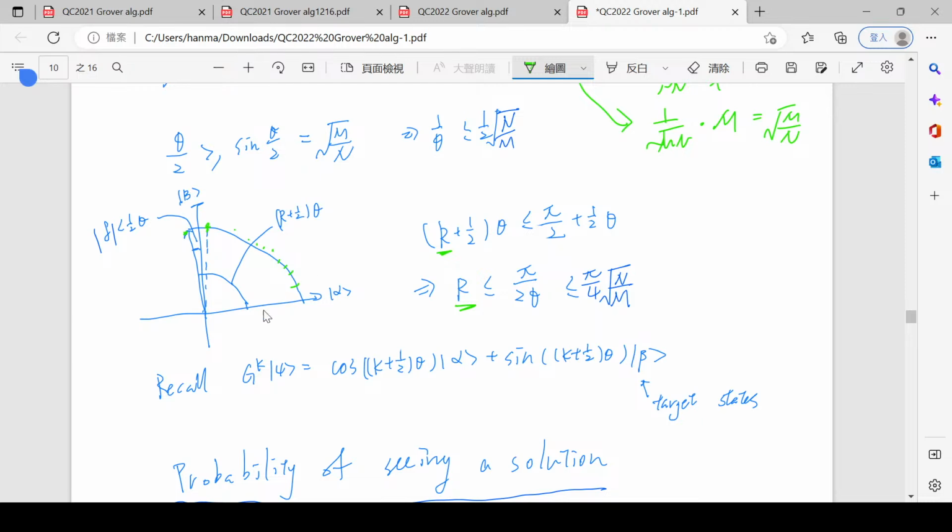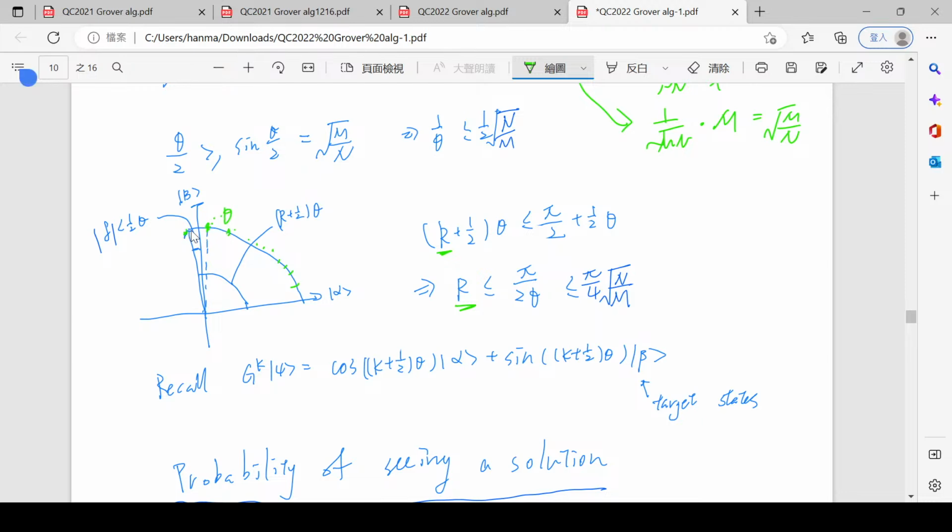And there is a little trick here that's not too hard. We'll stop at the closest one, and the spacing here is theta, right?